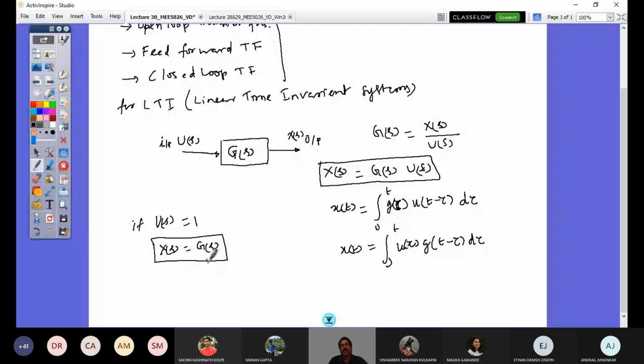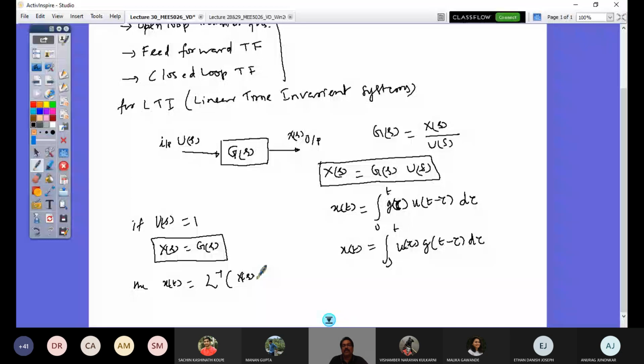So the magnitude of that function is 1. So when you give a unit impulse function, you get your output. That is what is going to be your transfer function, right? So then x of t will be simply the Laplace inverse of this x of s.